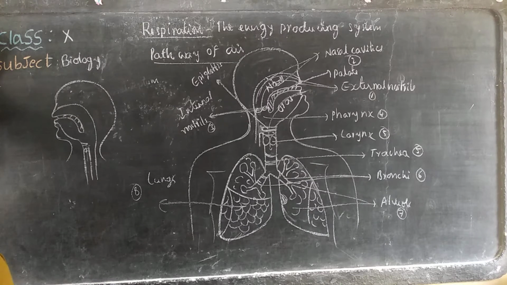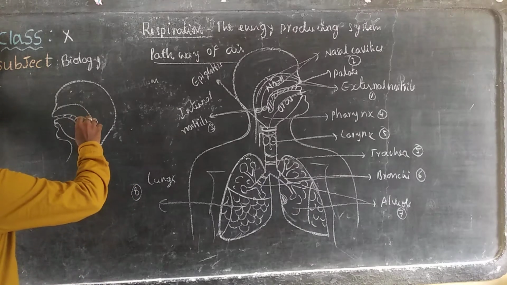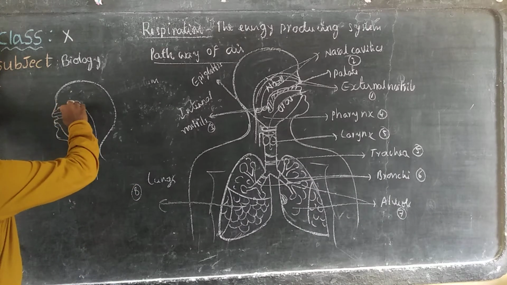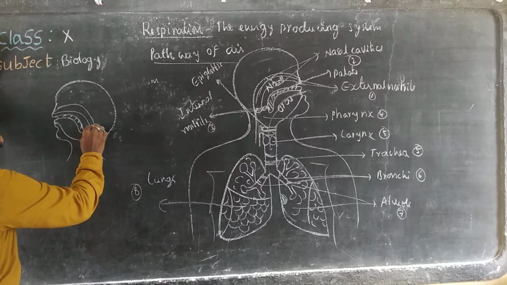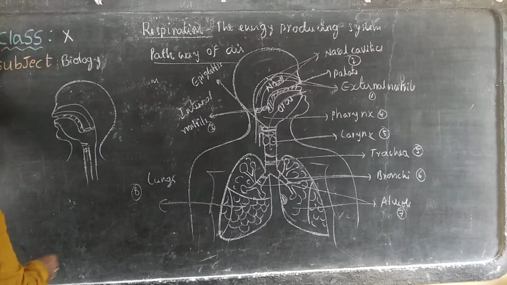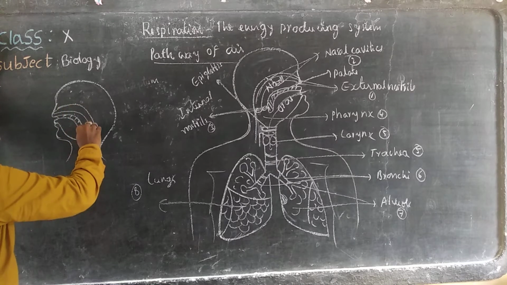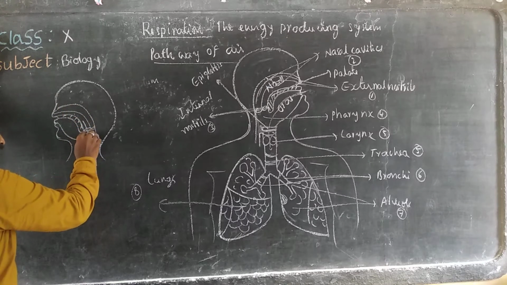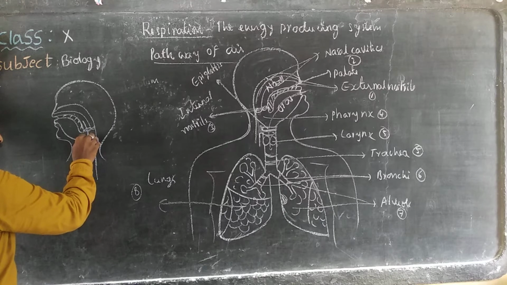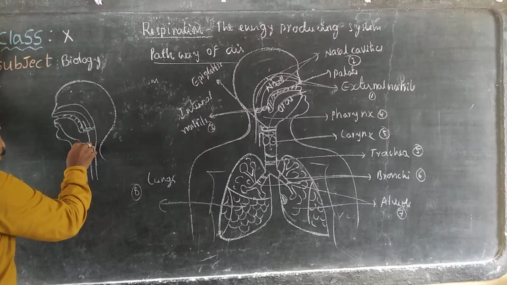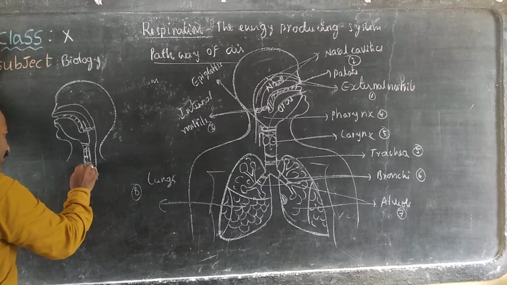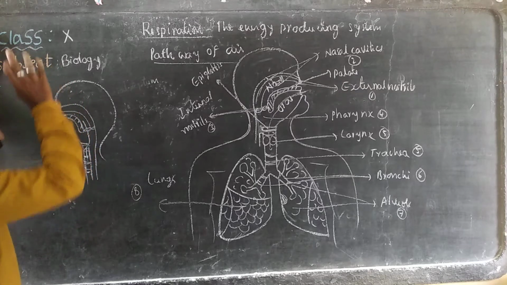Suppose we are inhaling air. The air passes through the external nostrils, then the nasal cavities and internal nostrils, and is released into the pharynx. At that time, the air flows through the trachea because the epiglottis is open.